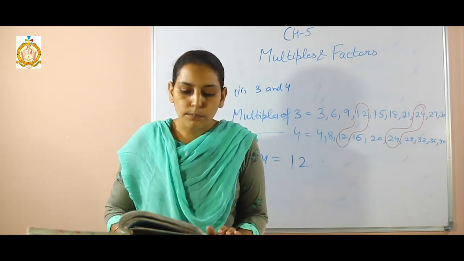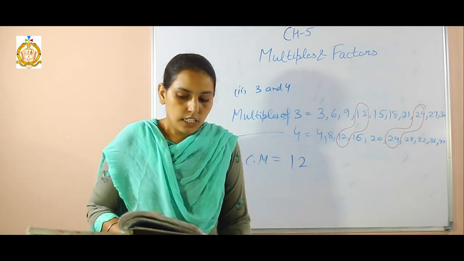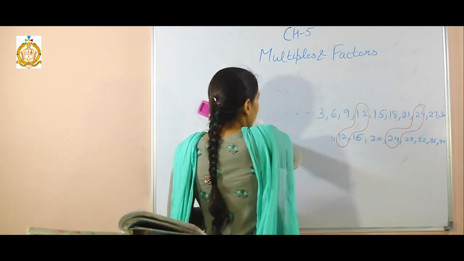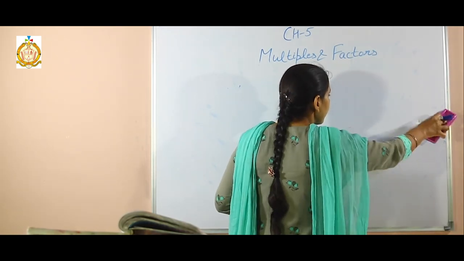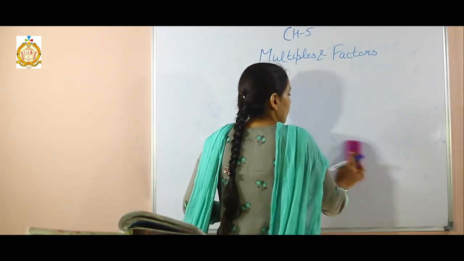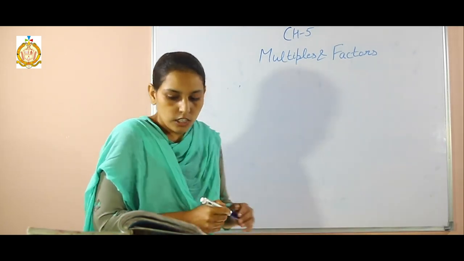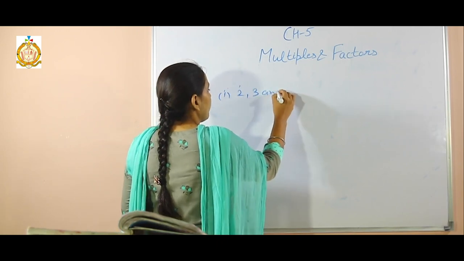Students, next, second part: find the LCM of the following numbers. In this sum, two numbers were given, but in the next sum, three numbers are given, and you have to find the LCM: 2, 3 and 4.